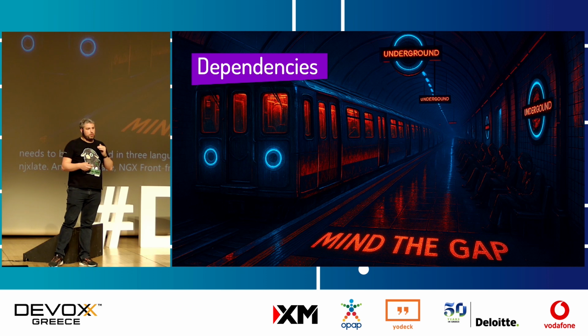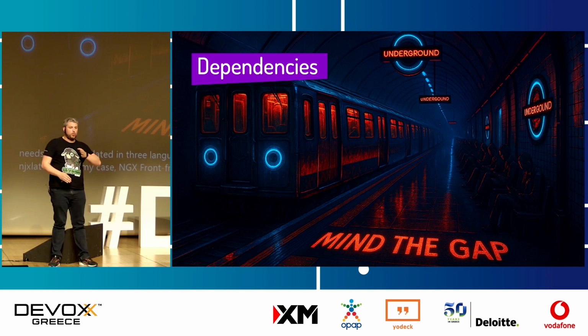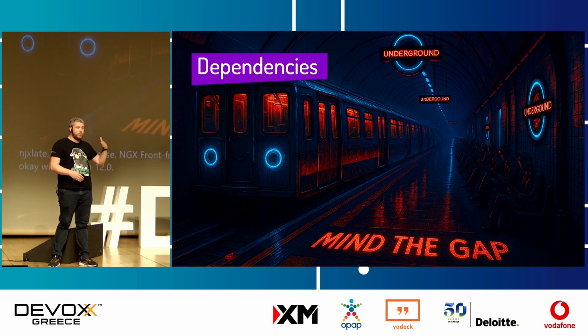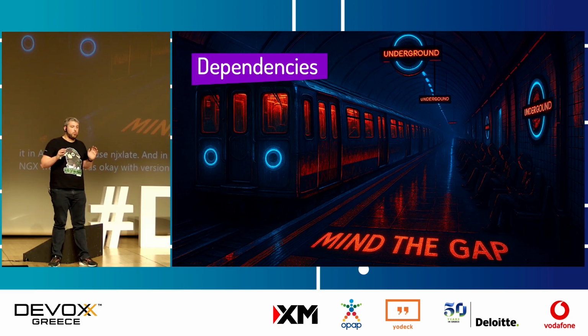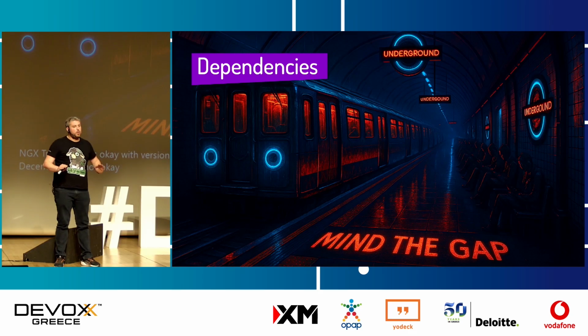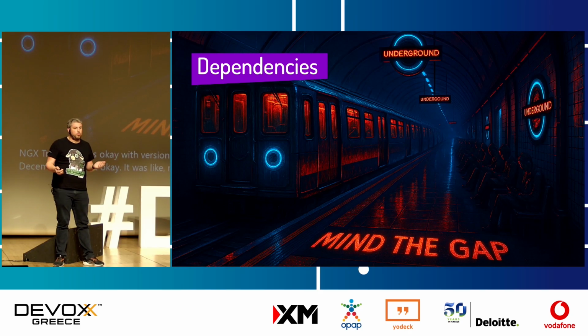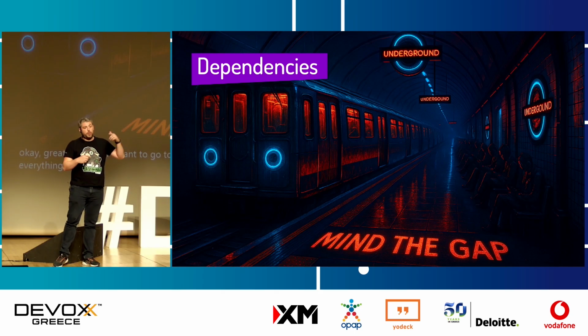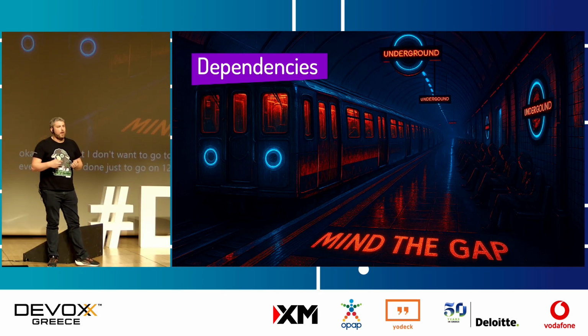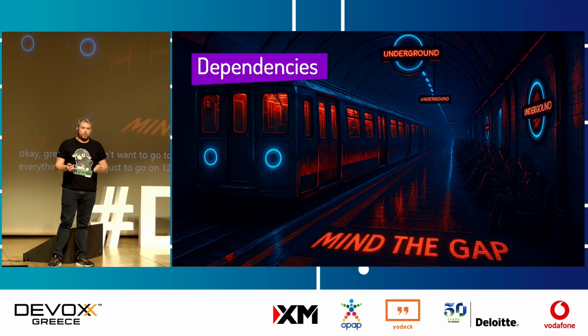But NGX Translate was OK with version 12.0 and with 13.0. But for 12.1, the server was not OK. It was like, no, I'm only OK with 12.0. And I'm like, OK, great, but I don't want to go to 12.0. It means I need to rework everything I've done just to go on 12.0, then go to 13.